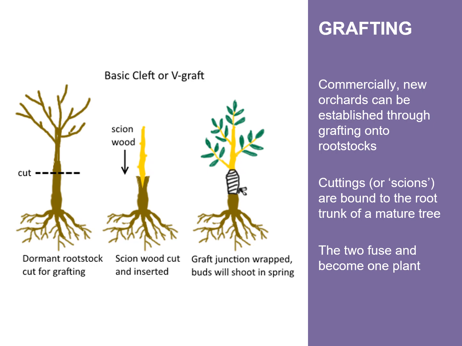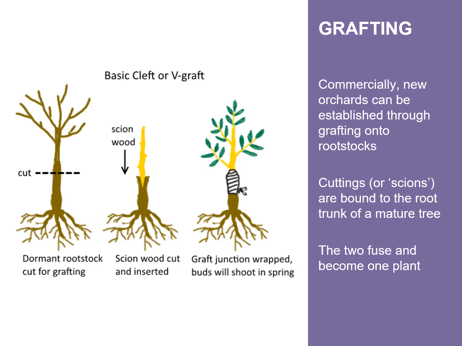So this rootstock will be of a semi-mature tree, and scions, which are the stem cuttings, can be grafted by introducing them into a cleft in the rootstock. These two are then bound together, and the tree will then go on to grow.